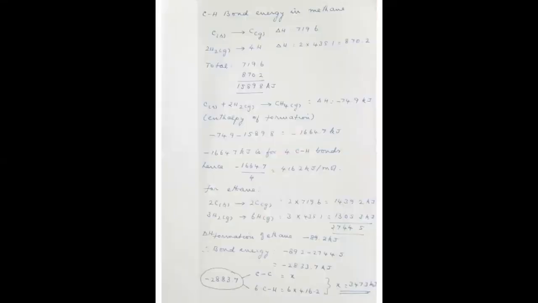I go to the next slide where it is clearly written. I want to calculate the bond strength of CH in methane. For the formation of methane, you have to take solid carbon and convert it into gaseous carbon, for which you have spent delta H 719.6 kilojoule per mole. For hydrogen, 4 hydrogen atoms are needed, so 2 hydrogen molecules are to be broken.